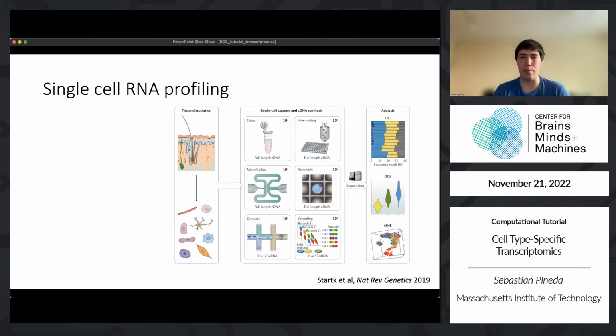You dissociate a sample and float it through a channel that encapsulates individual cells in droplets of water that contain the reagents for reverse transcription and amplification. This allows you to recover basically one transcriptome per cell, as opposed to just the average transcriptome of one specific cell type.